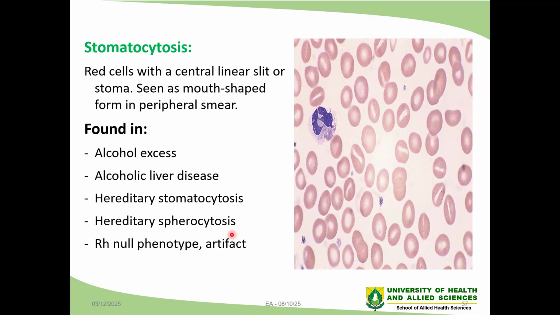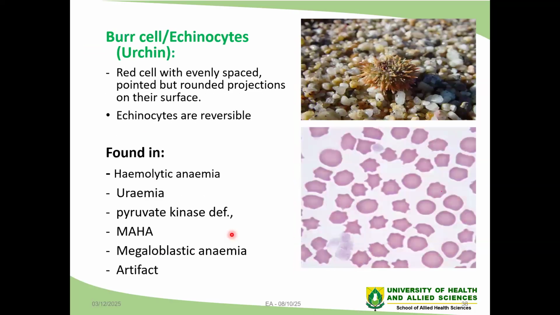All right, so next here we see a picture of a sea urchin. It was from this sea urchin that the name echinocyte was given to these cells that we see down here. Here we are seeing a red cell having some evenly spaced, pointed but rounded projections on its surface.